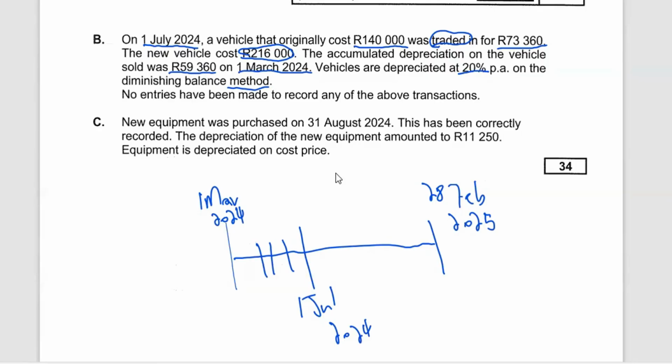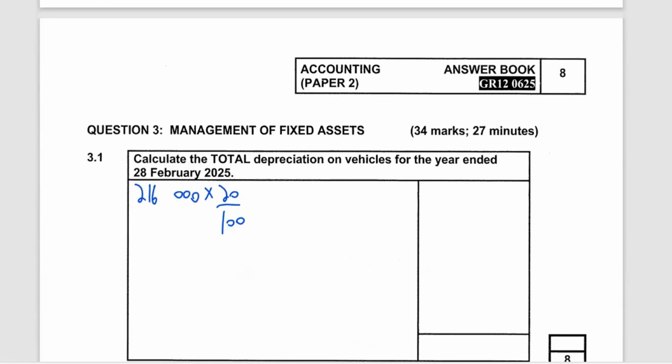It's going to be July, August, September, October, November, December, January, February. So it's going to be 1, 2, 3, 4, 5, 6, 7, 8. So it's going to be 8 months. So you're going to say multiplied by 8 divided by 12.